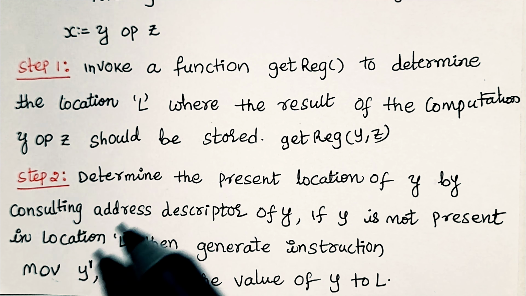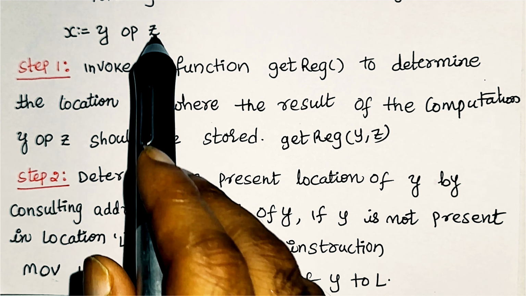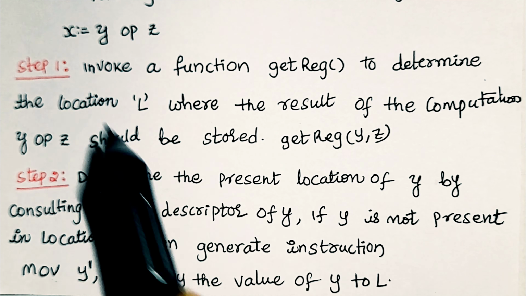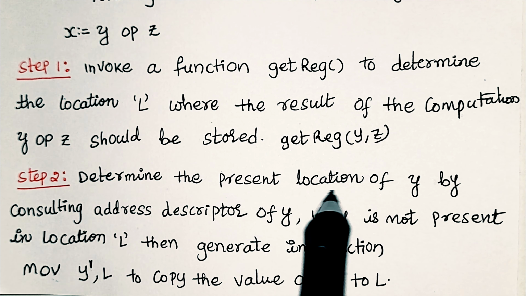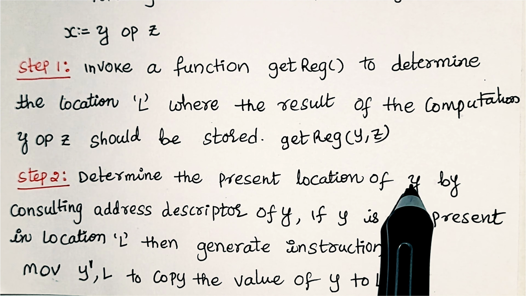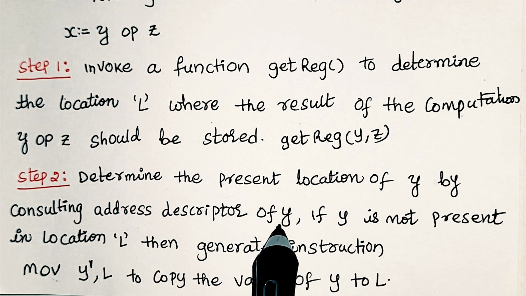In step 3, determine the location of z. When you determine the location of z, the same step applies. Determine the present location of z, instead of y, by consulting the address descriptor of z.